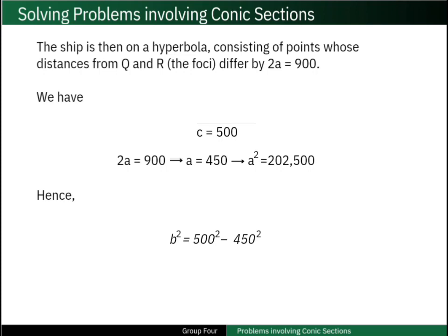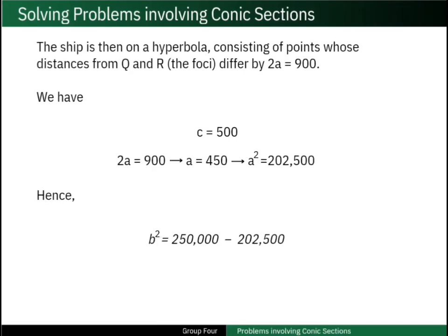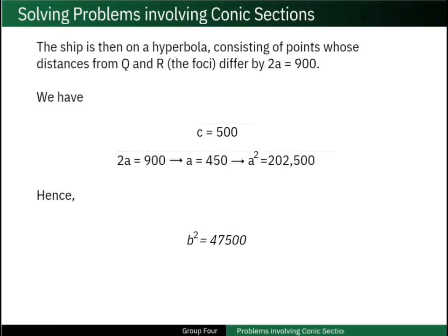Now we have B squared equals 500 squared minus 450 squared. Substituting that to our previous formula, we will have B squared is equal to 250,000 minus 202,500. Solving that equation will give us 47,500 as B squared.